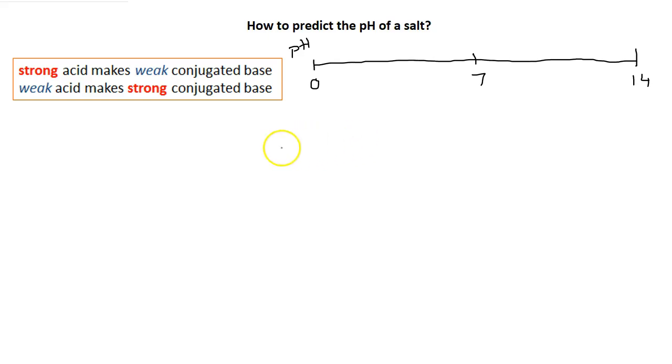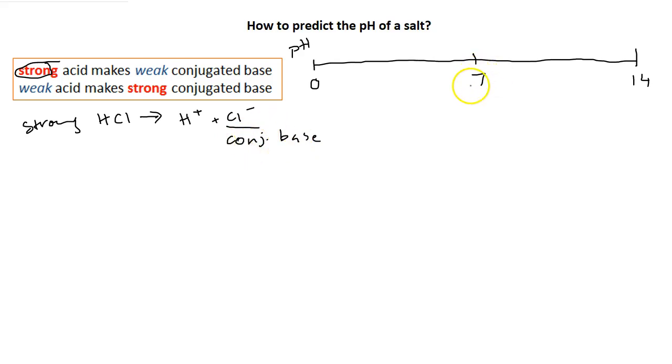Let's consider a strong acid, HCl, which completely dissociates into H+ and Cl-. HCl is the strong acid, and Cl- is its conjugate base.